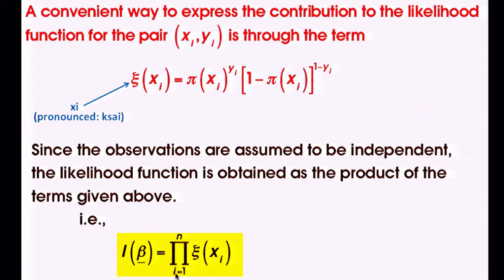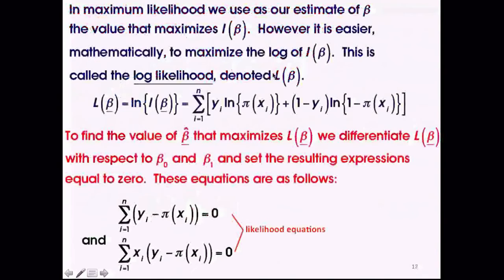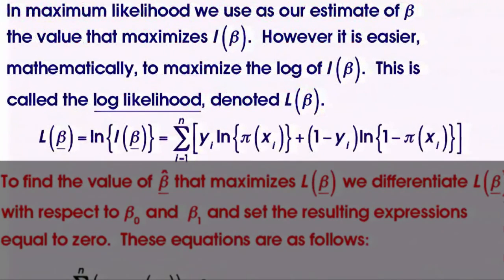Unlike the Greek sigma, which is the sum of observations from 1 to n, this is the product. So here I'm taking the product of these xi's over all of the data points. Again, each time, if y is equal to 1, you get the contribution pi of x, and if y is equal to 0, you get the contribution 1 minus pi of x.